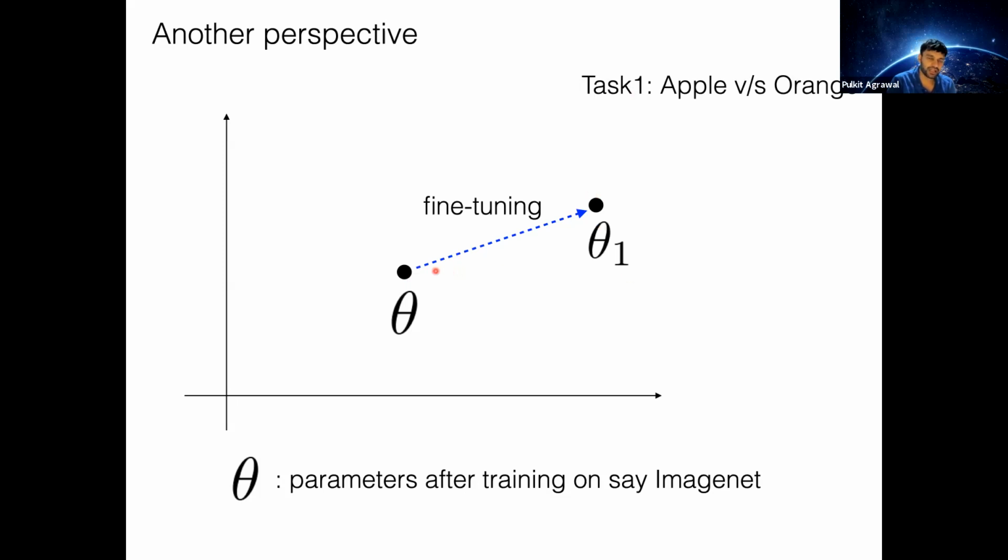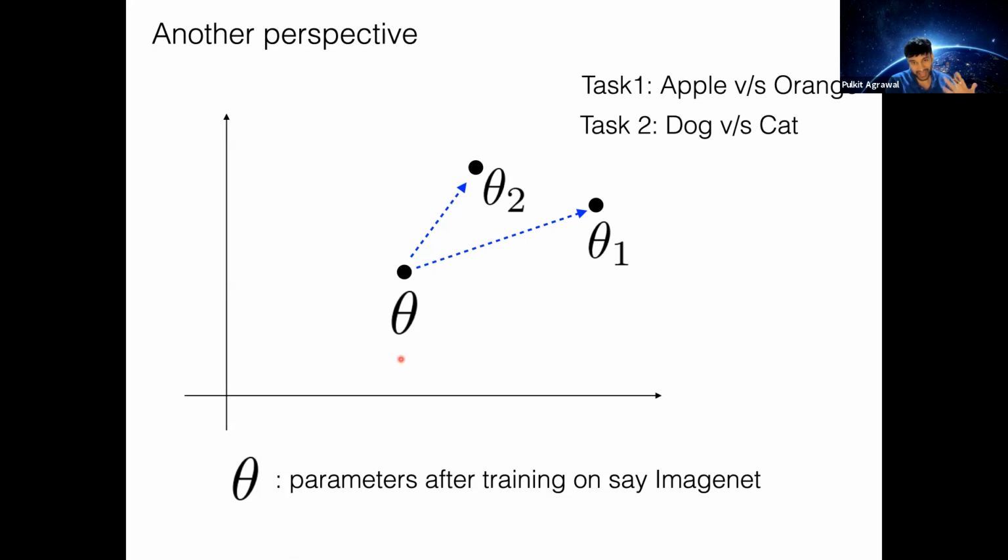Then suppose I get a second task, dog versus cat, then we end up getting these parameters theta 2. So as I'm getting more tasks, I might end up fine-tuning to those tasks one by one. Now let's assume that the amount of change of parameters that I need to make for the first task is delta theta 1. Similarly, for the second task it is delta theta 2.